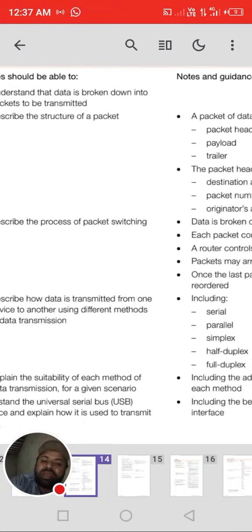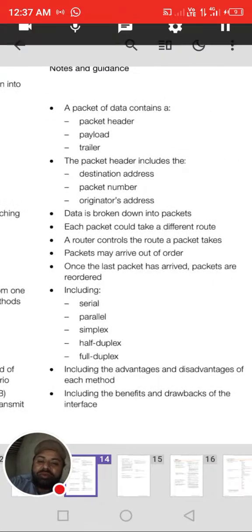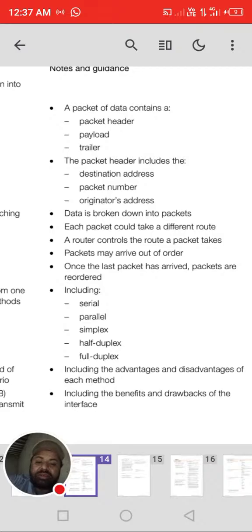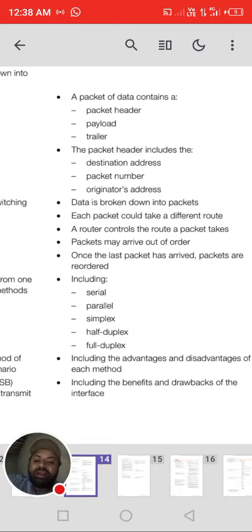This is the process of packet switching. Data is broken down into packets. Each packet could take a different route, and a router controls the route a packet takes. A packet may arrive out of order, but once the last packet arrives, the packets are reordered.